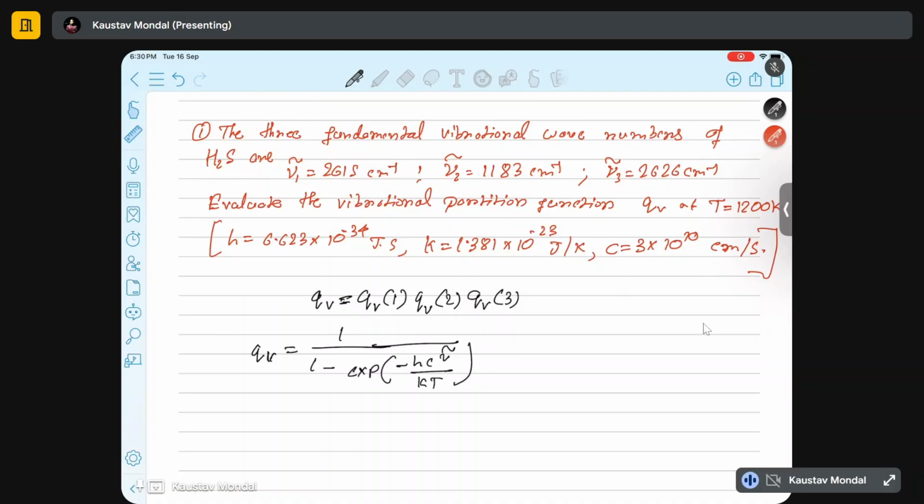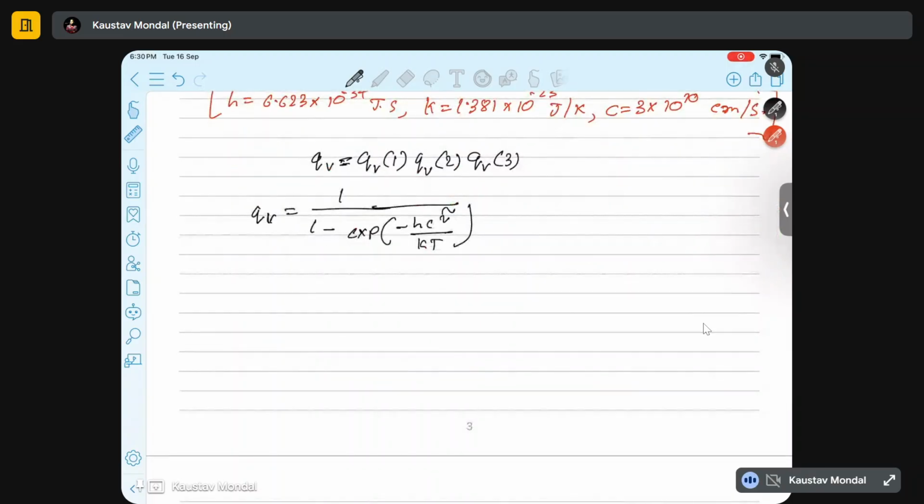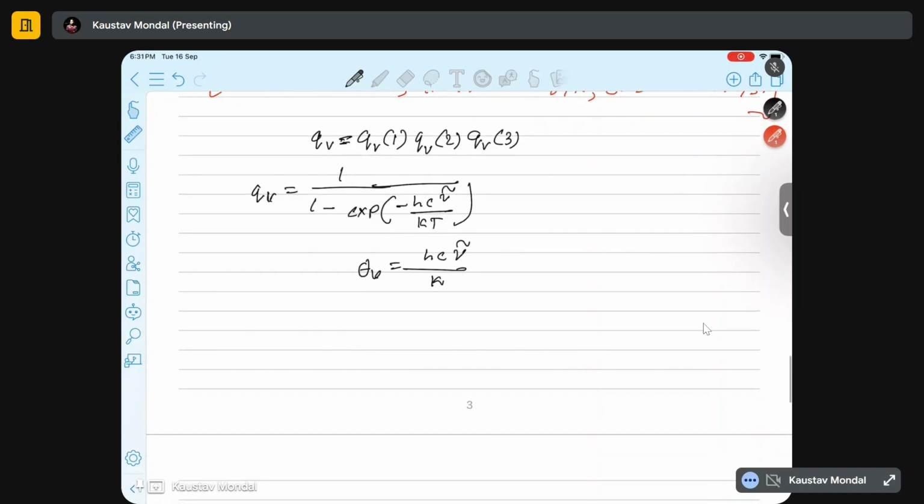Then it would be easier to implement the simplified formula, so that our calculation becomes much easier. The expression of theta v is simply hc nu tilde by k, the Boltzmann constant. So there are three thetas.